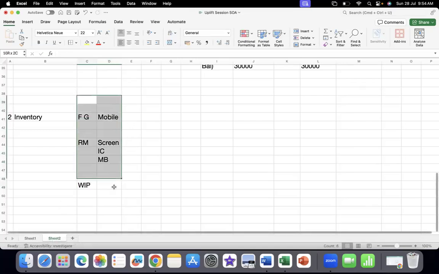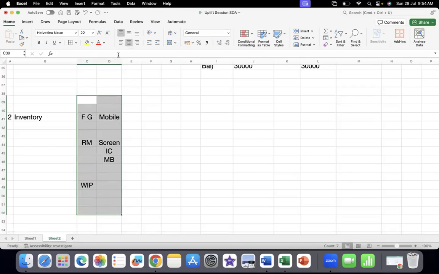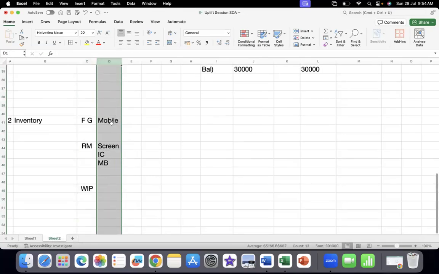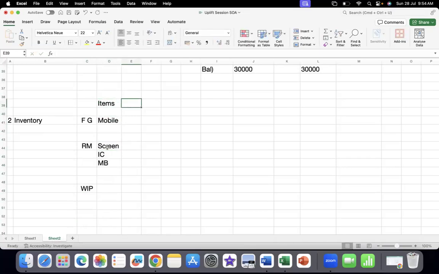So you need to always be in a position to segregate. If you cannot segregate what is your finished product and what is your raw material, your inventory calculations are going to go wrong. Because these are your items, and then there is a unit to it as well, the measurement.